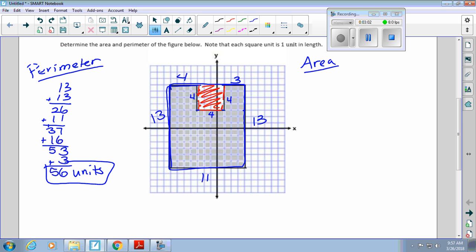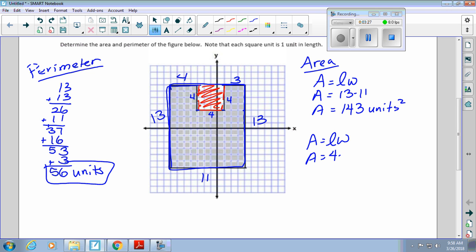So, if I'm finding the area of that first shape, the big rectangle, I need the formula. The area equals length times width. I have 13 times 11. When you multiply that out, you get 143 square units, or units squared. But I'm not done. We have another one to figure out. Area equals length times width. You're going to take out that 4 by 4 square, and you are going to get 16 units squared. Now this is where you have to remember what you're doing.